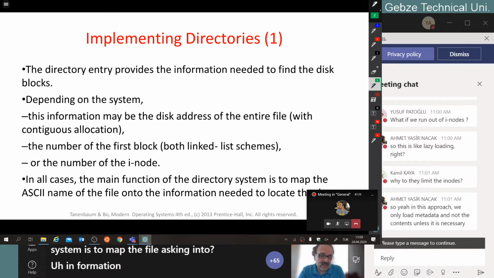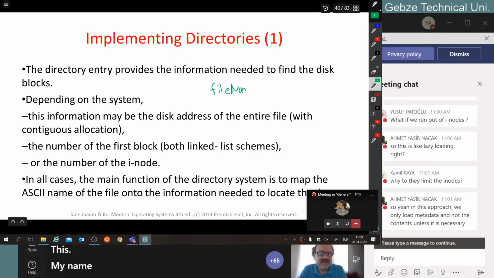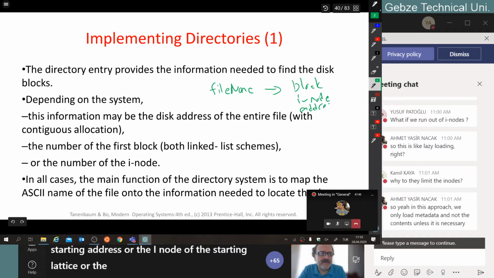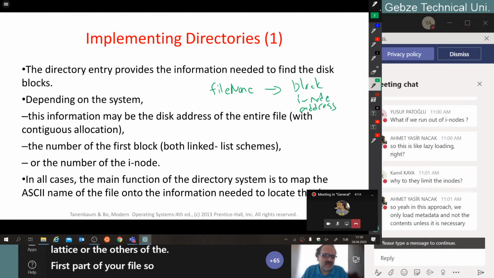So the directory does this. You give the file name, including the full path. It gives you the block number of the starting address, or the inode of the starting address, or the address of the first byte of your file. So this is what the directories do.